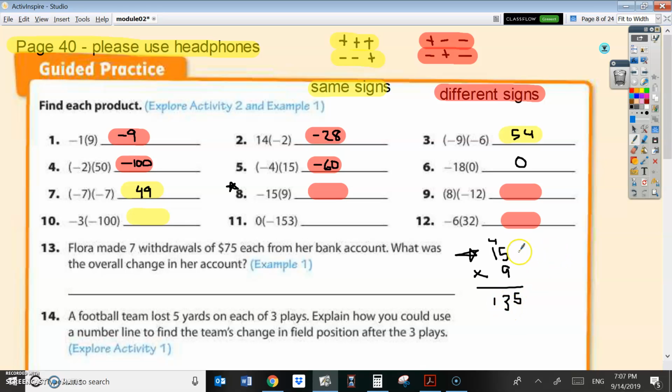Or you could do it this way. 15 is the same as 10 plus 5 times 9. So do that multiplication, you get 90 plus 45, and that equals 135. And that's negative 135.